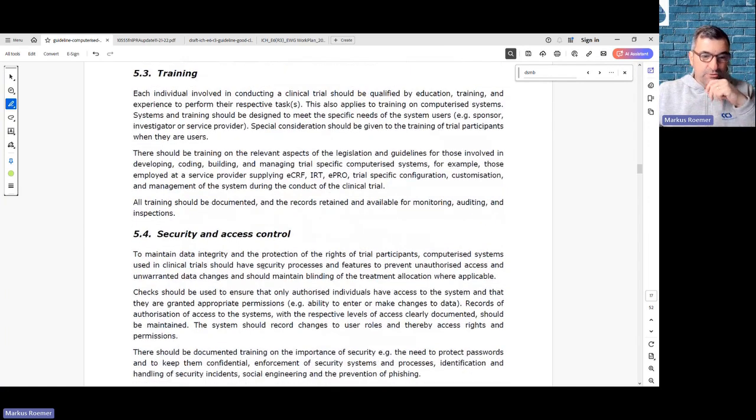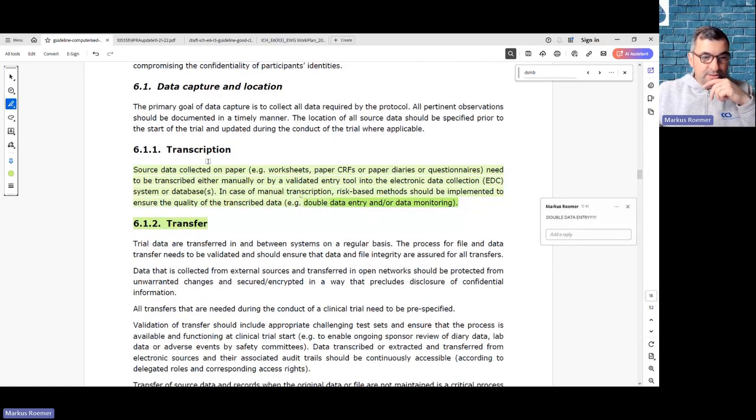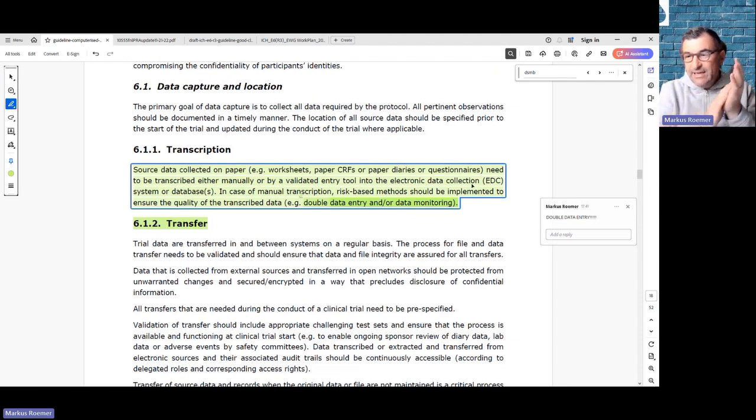You find something about training, access control, electronic data, transcription, very important: source data collected on paper, or transcribed either manually or by a validated entry tool into the electronic data collection, so scanning, text-based things also in it, or even in other ways, which are provided verbally or however it's done.